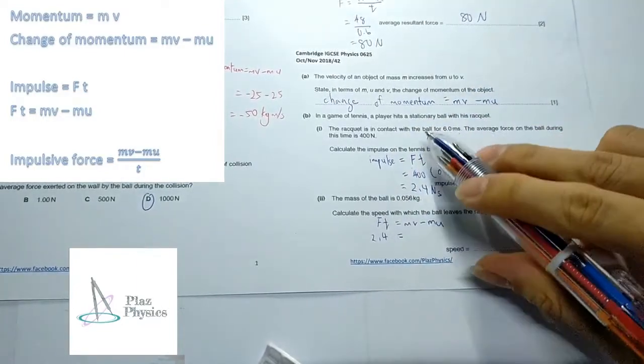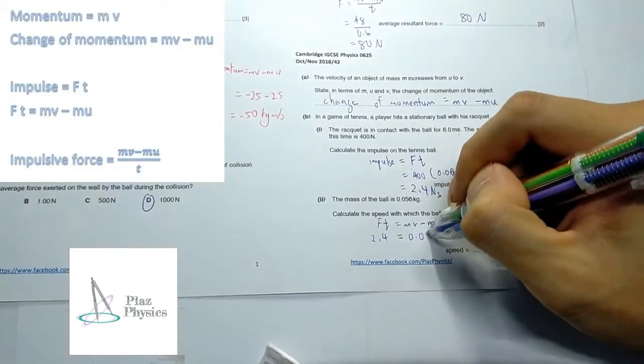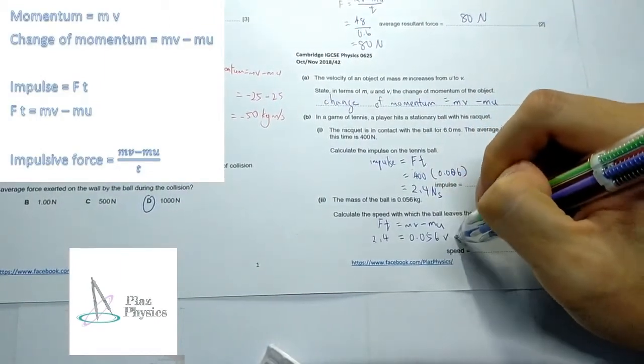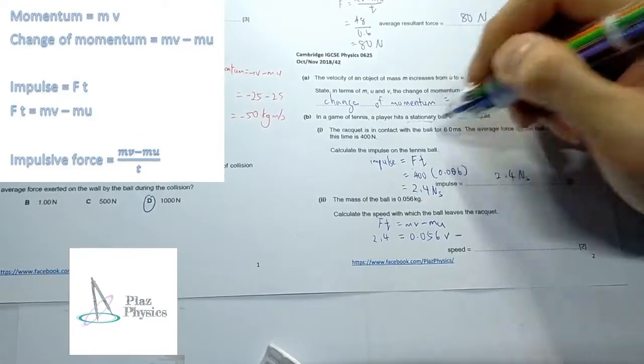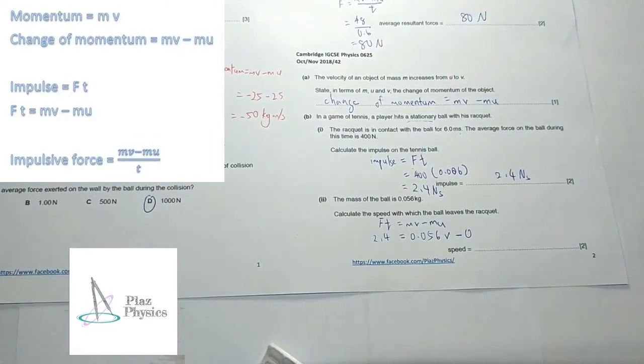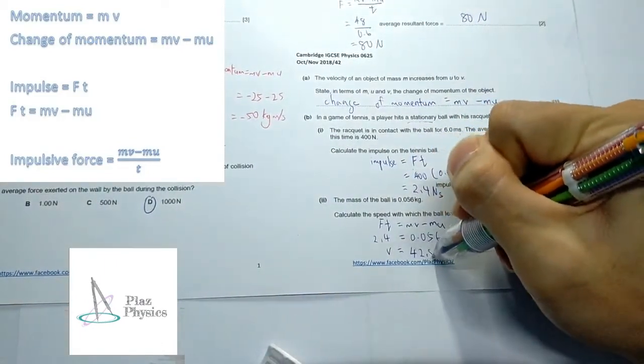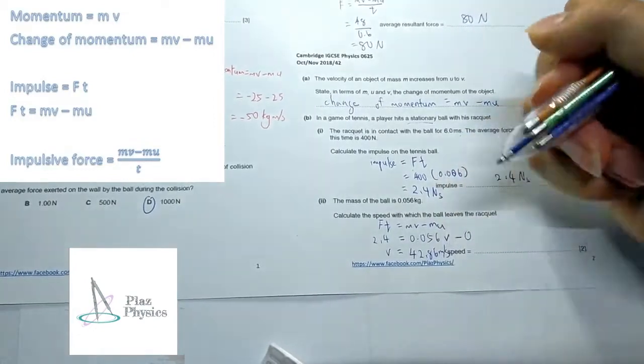The mass, what is the mass? 0.056. V we don't know. Initial is stationary, so minus 0. So we will get the answer: v will be 42.86 meter per second.